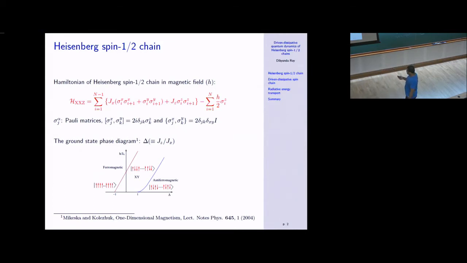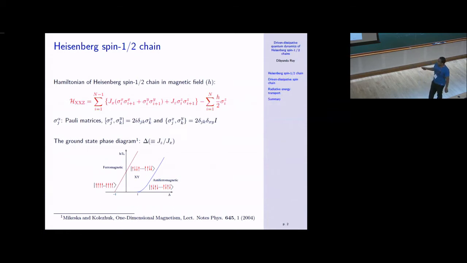So this model of the Heisenberg spin chain I am going to talk about today is with nearest neighbor exchange interaction between quantum spin-half, and in the case of the XXZ model, we will have the exchange coupling Jx for the x and y components of the spins, which can be different from that of the z component of the exchange interaction.